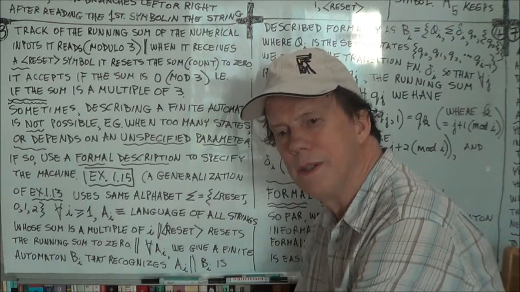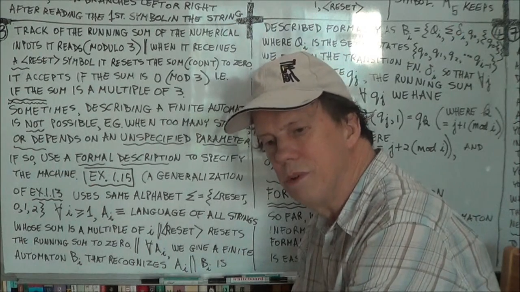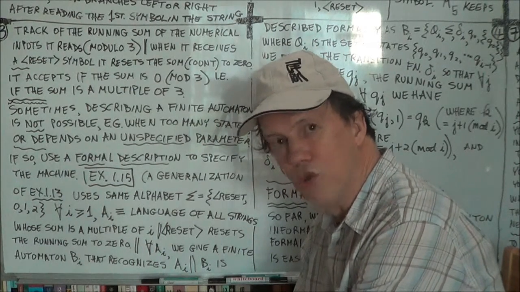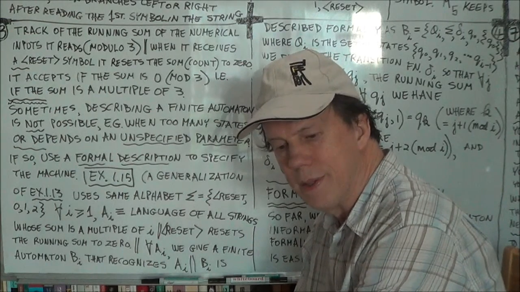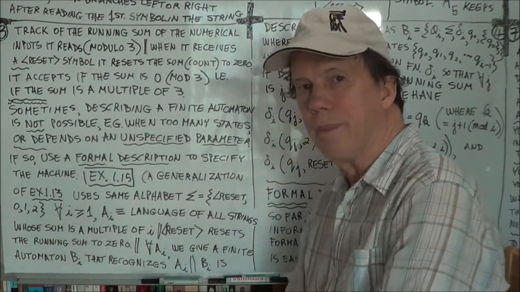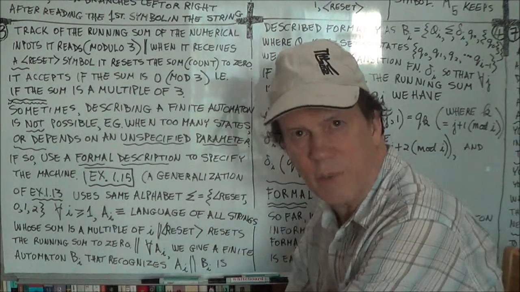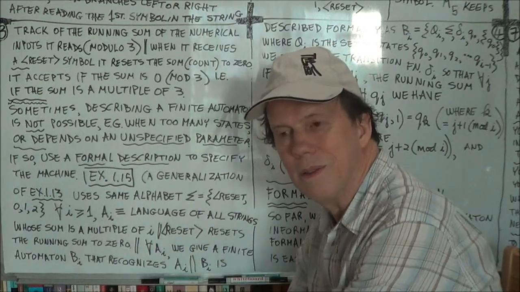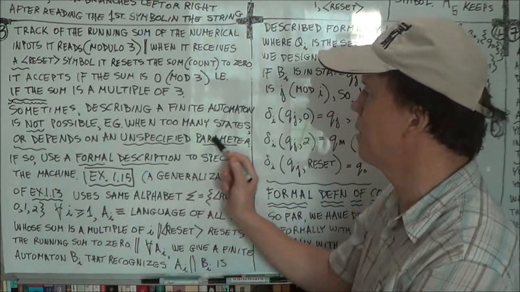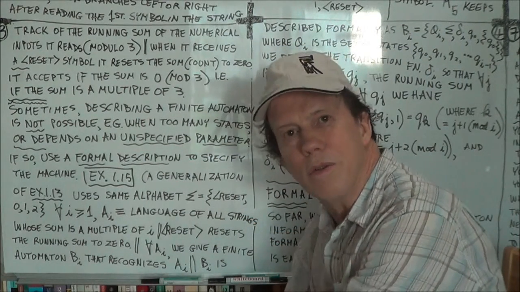In other words, it's impractical to draw your automaton as a state transition or state diagram. You can't really draw the state diagram. It's just not practical, because there are too many states, or some parameter is not specified well enough. So in that case, what do you do?